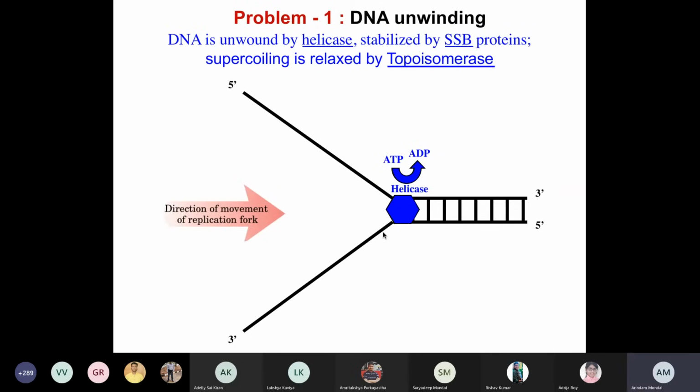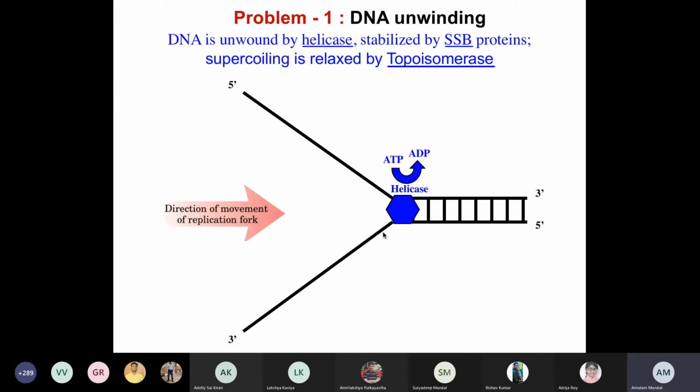Now, breaking these bonds will need energy. Where does this enzyme get the energy, because it performs the entire process at room temperature? From ATP, yes. It hydrolyzes ATP to ADP, and that energy it utilizes in order to separate the two DNA strands from each other.